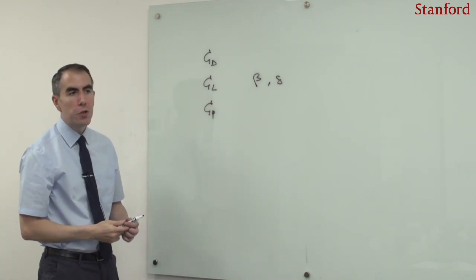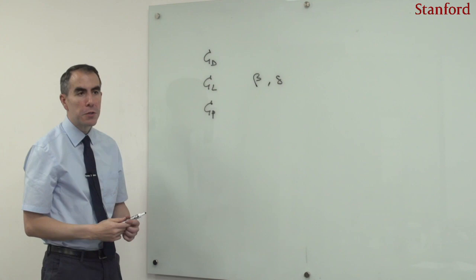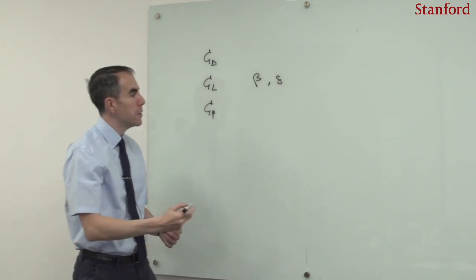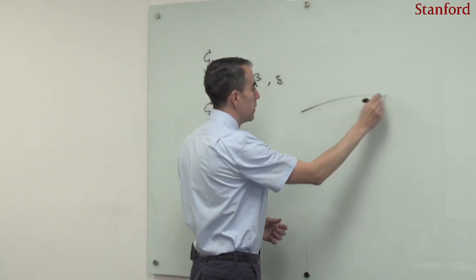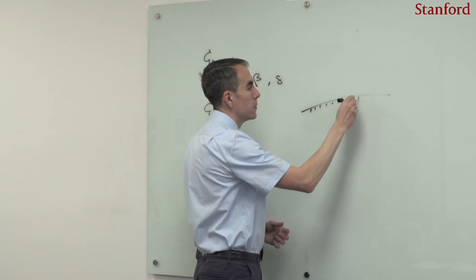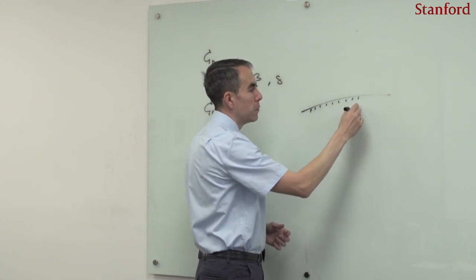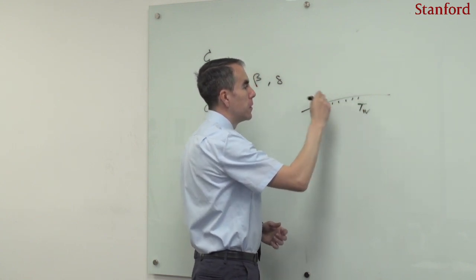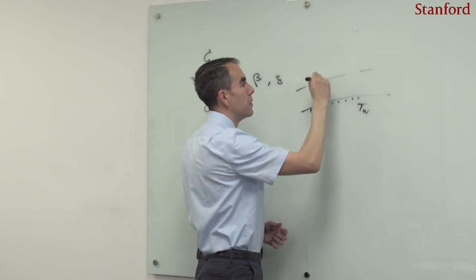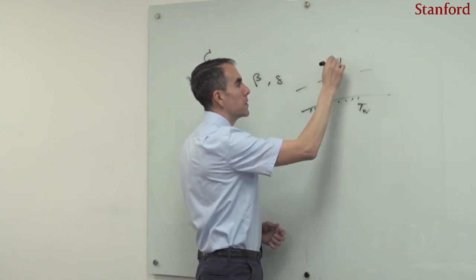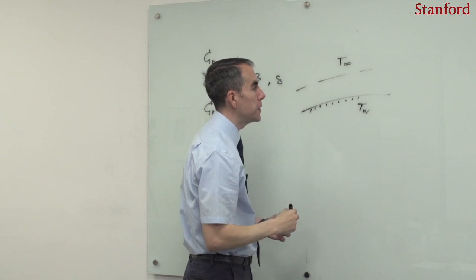However, there are situations in which we cannot afford neglecting viscosity. For instance, if we have a surface, and this surface is at some temperature Tw, and then there is a stream above it that has a temperature T infinity.